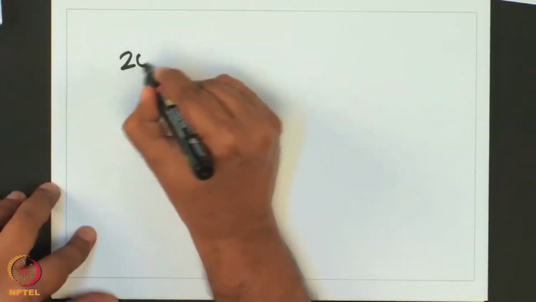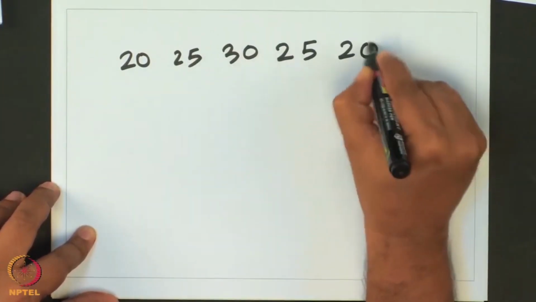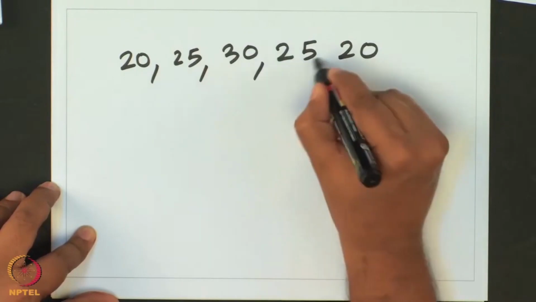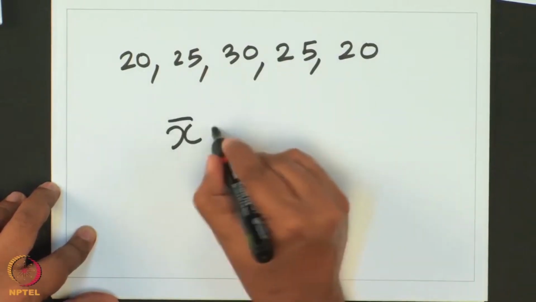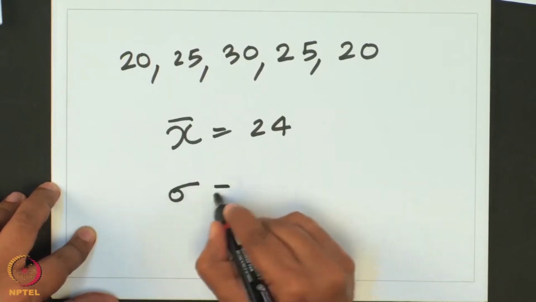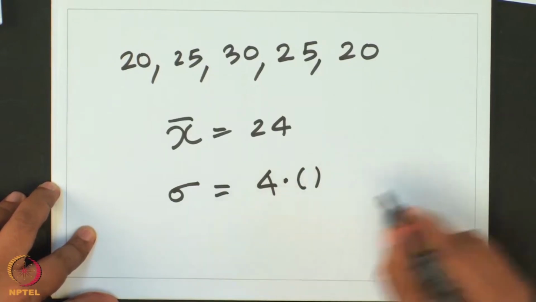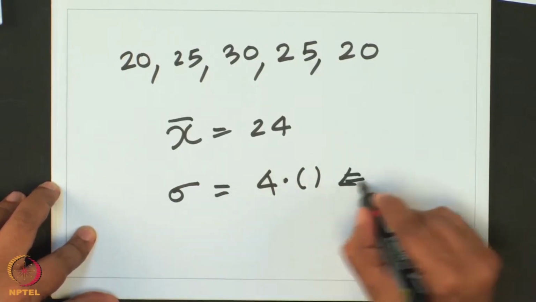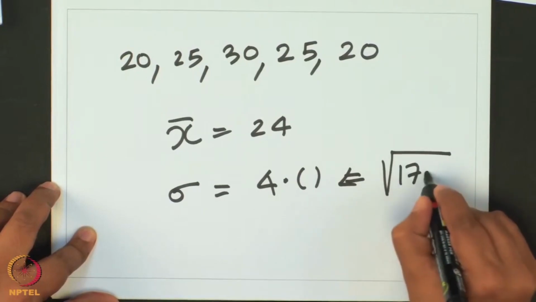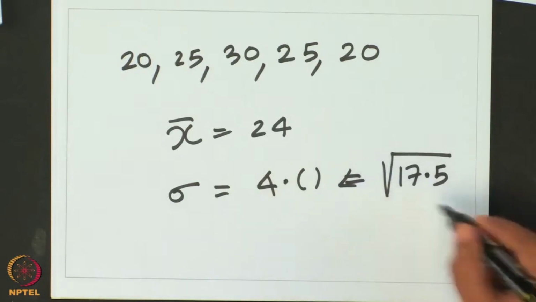If we have the numbers 20, 25, 30, 25, 20, these were the numbers we had, and the mean was 24, and the standard deviation sigma was 4 point something, to be precise the root of 17.5. So approximately a little above 4 is the standard deviation you would get.